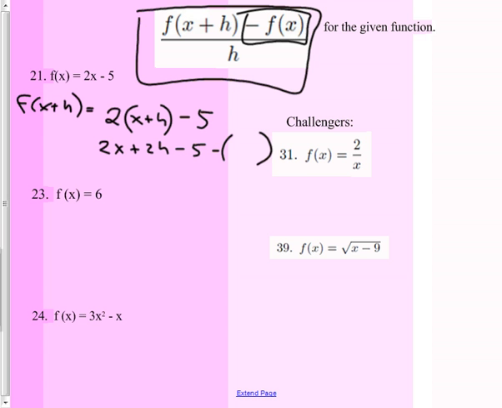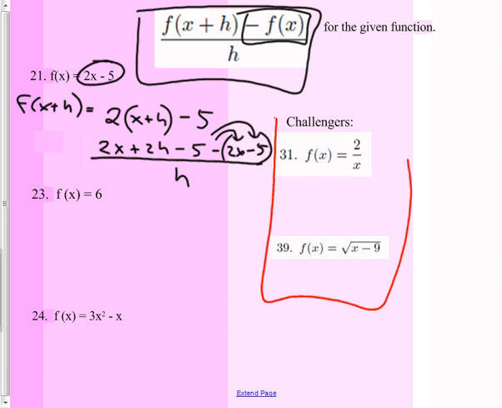Told you those are important, because now when I subtract off 2x minus 5, which is what f of x is, this distributes here and here. And if you don't do that, that's the thing everybody's going to get wrong. And it's all over h. And once again, just like last time, most things cancel out, and you'll end up with a nice, simple, small numerical answer, like 7.